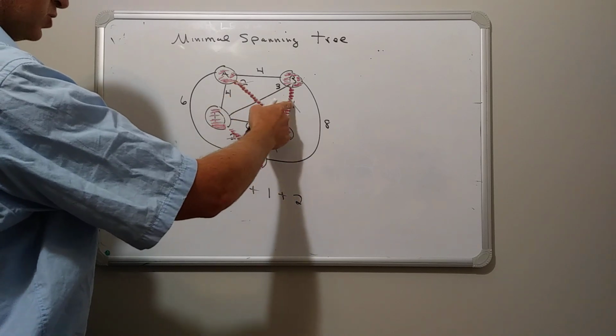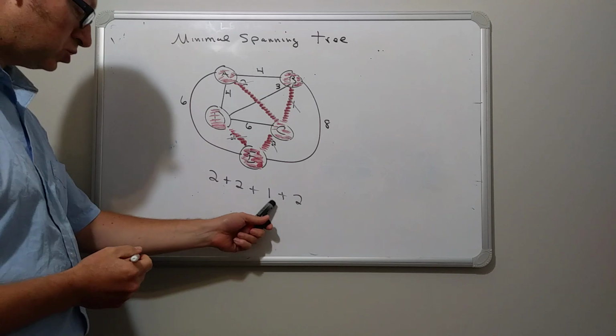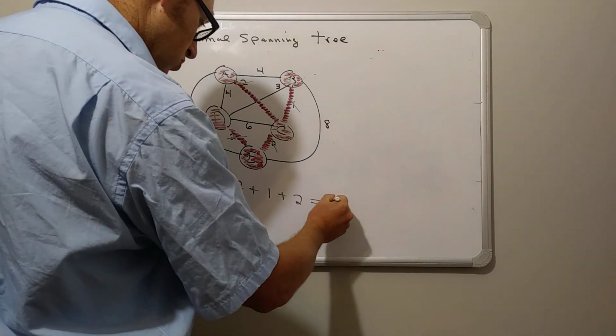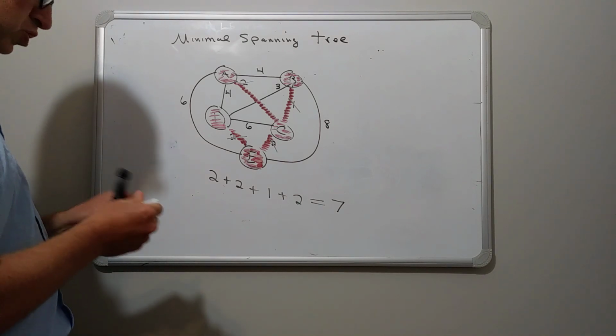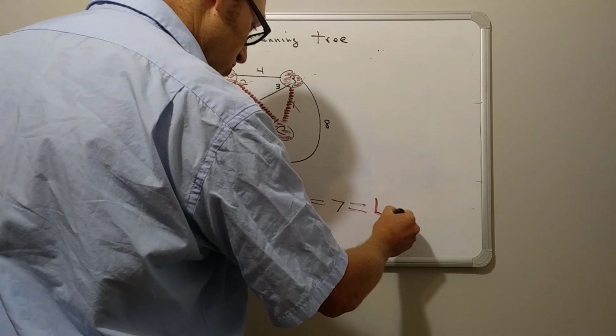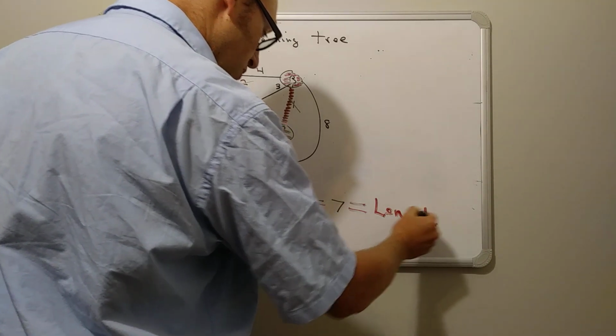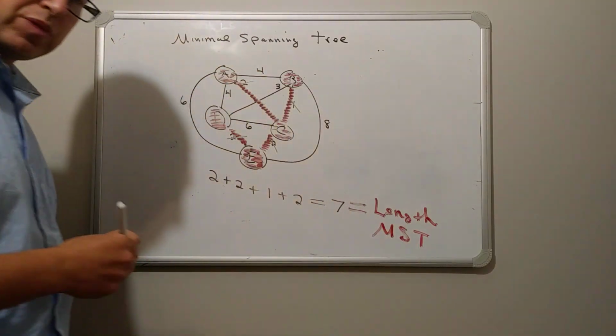I checked off each number as I wrote it down. So 2 plus 2 plus 2, 6, 7. So 7 is the length of the minimal spanning tree. So the answer to this question is 7. It's the length of the minimal spanning tree, MST.